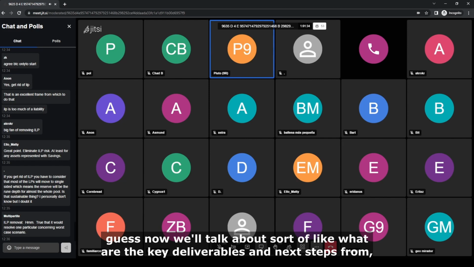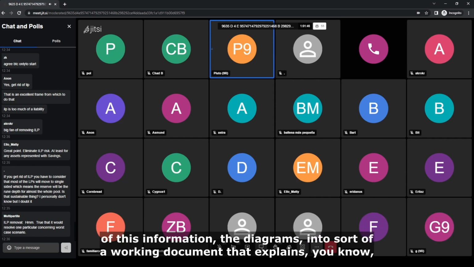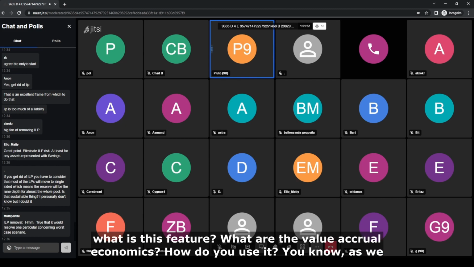So I guess now we'll talk about what the key deliverables and next steps from 9 Realms are. One of the things we're going to be doing is putting all of this information, the diagrams, into a working document that explains what this feature is, what the value accrual economics are, and how you use it.